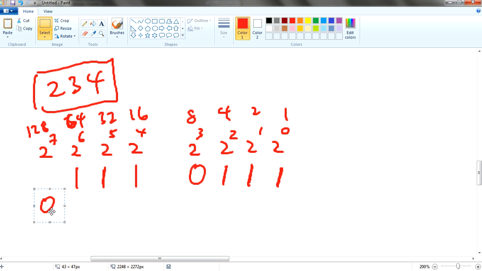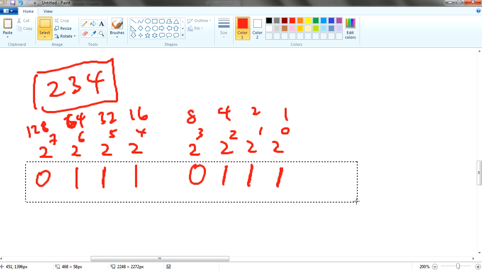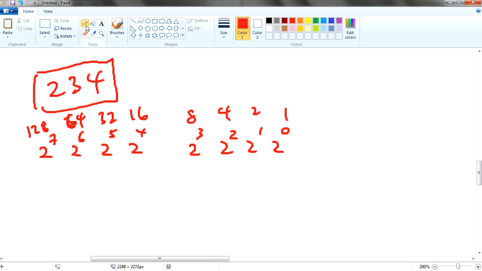Okay. So if you are given 234, the first thing you need to do is to write out 128, 64, 32, 16. You know 128 is the largest bit of an 8-bit number.